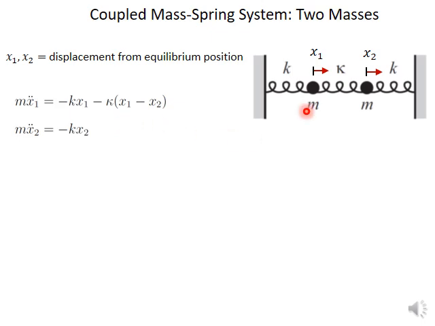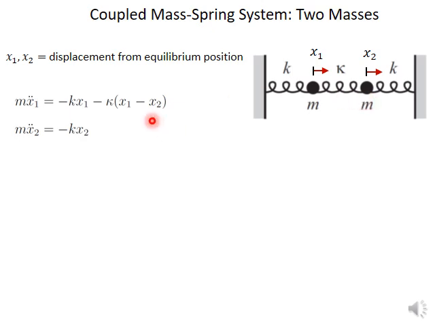Now let's move to this other mass. If it has a displacement x2, then the ma part would be given by the left hand side, and then it would have a force from this spring, which has a spring constant k, exactly the same way we had before. Depending on the displacement, the force might be in the positive direction or the negative direction. So this is represented by this minus kx2. What would be the force from this spring on this mass?